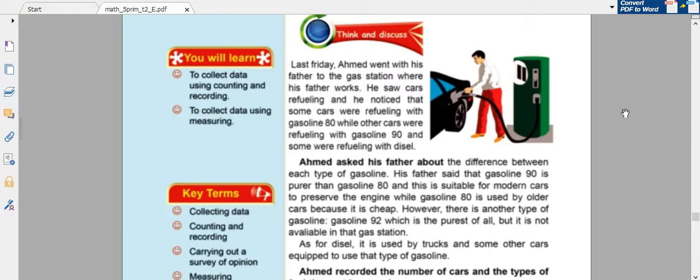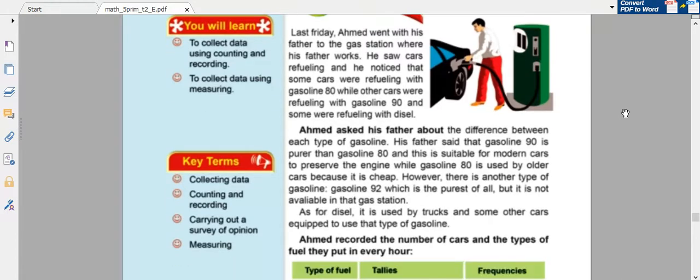However, there's another type of gasoline, 92, which is the purest of all, but in Ahmed's father's station, this gasoline type is not available. We have also diesel. It's used by trucks and some other cars.